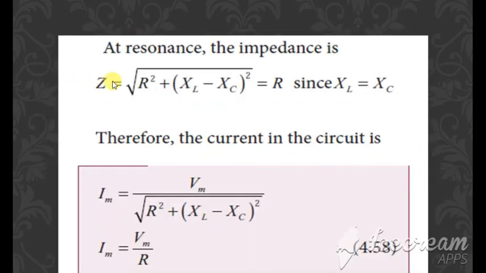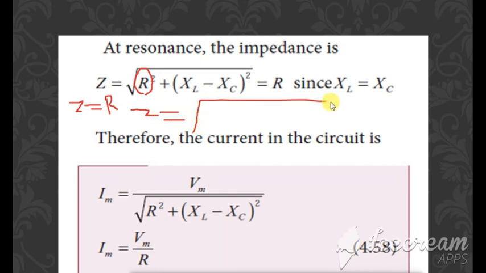Z is equal to root of R square plus XL minus XC the whole square. So what is our condition? Our condition is Z is equal to R, right? So in this condition, we just substitute here the value of Z. So Z is equal to square root of R square plus XL minus XC the whole square. Now we take the square separately.